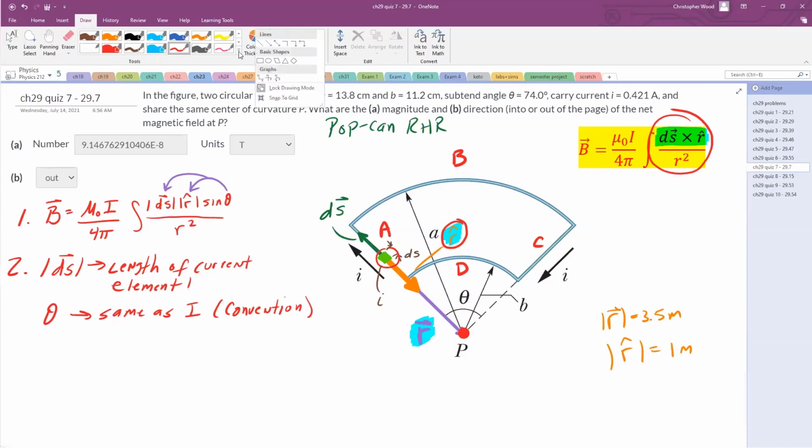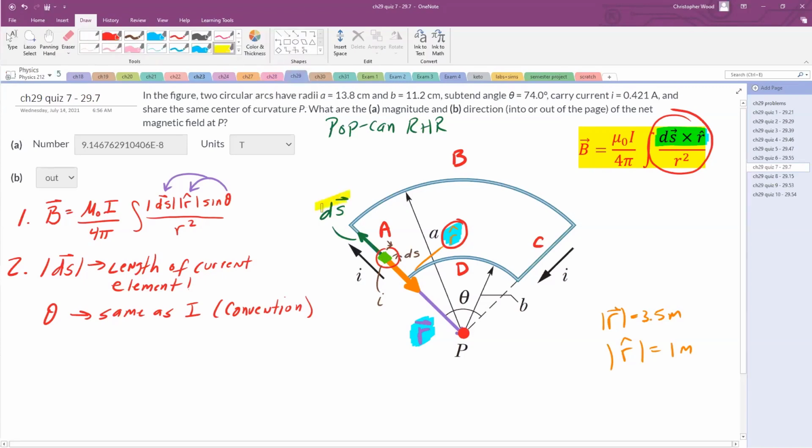So if you now look at my green ds vector and my orange r hat vector, what is the angle between them? 180. What does the sine of 180 equal? It equals 0. So at this point, I can say number 3, sine of theta equals sine of 180.